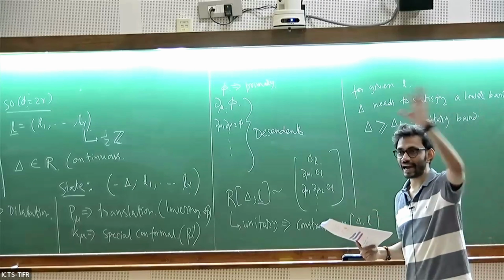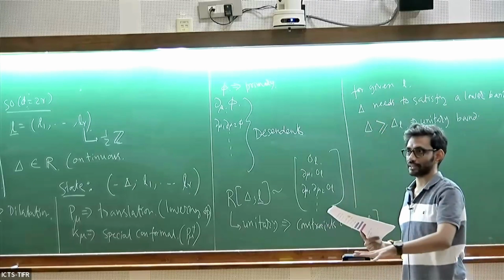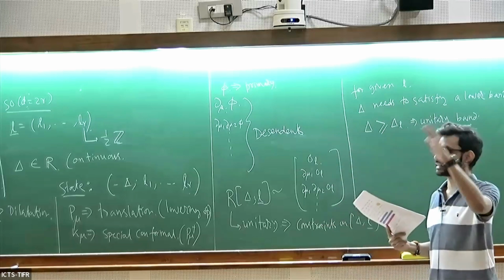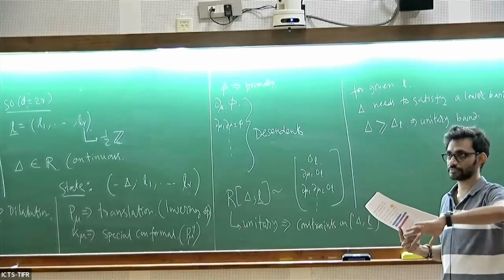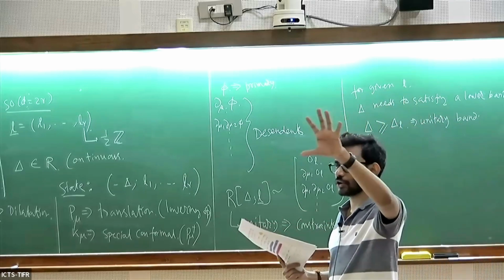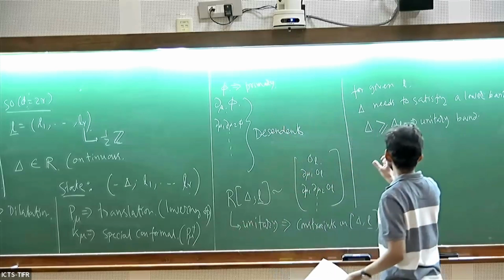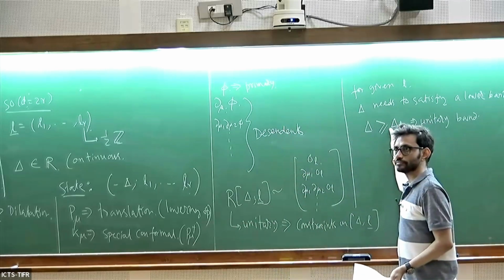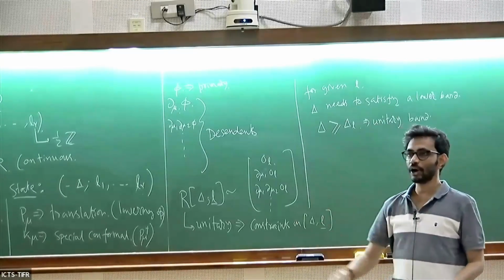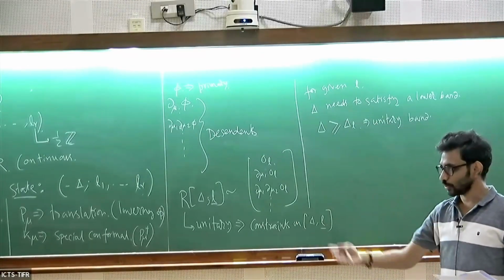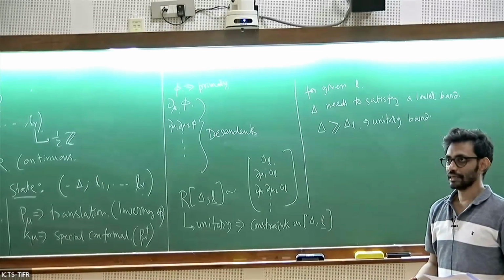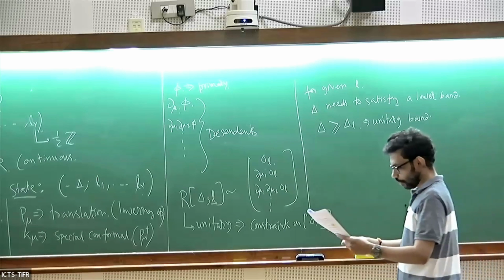If I repeatedly act on that, I'll get a null state, or even if I continue, I'll get a negative norm state. So we have to look for those states which have the scaling dimension delta L, because only for them, if I act with del repeatedly, I'll hit a negative norm state or the null state.